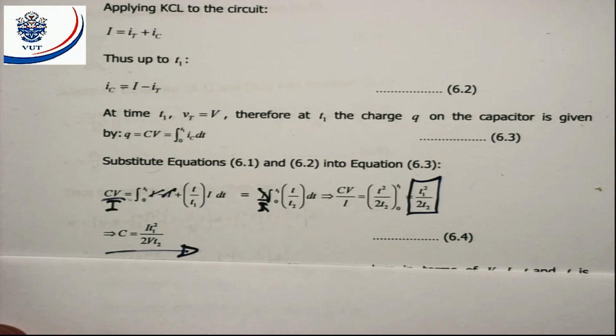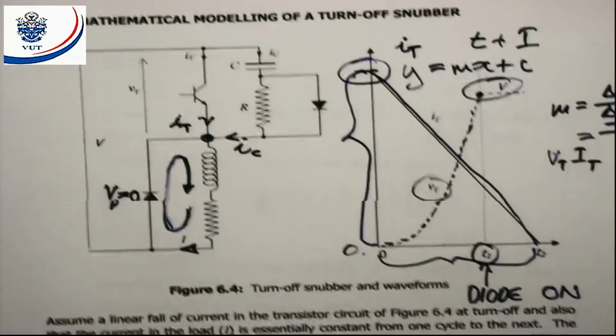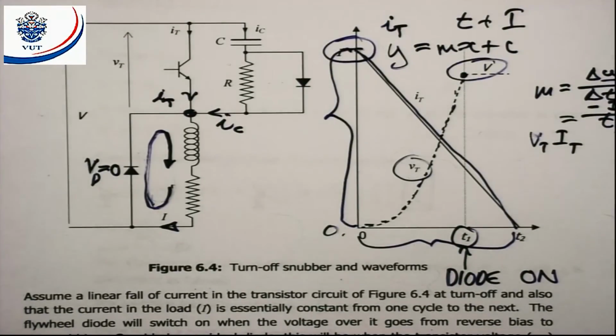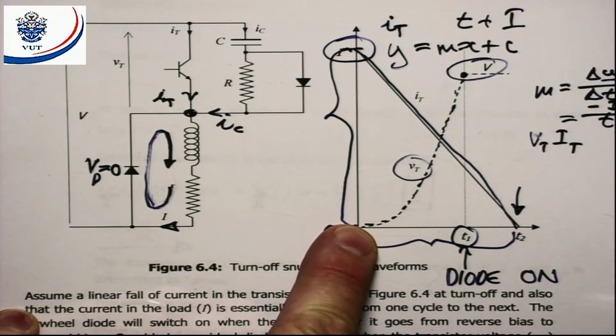But this snubber of ours, we want to have wave shaping so that we can minimize the power that is dissipated in the device during switching. So this T2 is fixed. It has got to do with the transistor. And the 0 is fixed, that's the time when I start switching off.